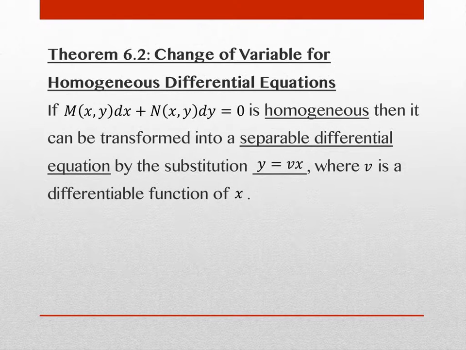If capital M of x,y dx plus capital N of x,y dy equals 0 is homogeneous, then it can be transformed into a separable differential equation by the substitution of y equals vx. This is the tx we saw in the working out of the previous problem, where v is a differentiable function of x.